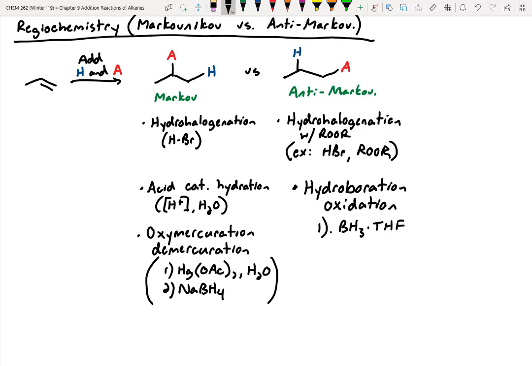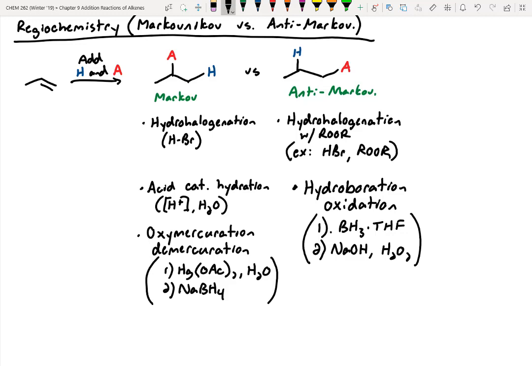You may notice sometimes on the Sapling assignments, you may see B2H6. That's just a dimer of borane. It does the exact same thing. So if you see boron, you should think of hydroboration oxidation. Second step, we use sodium hydroxide and hydrogen peroxide to do the oxidation step. That gives you anti-Markovnikov alcohols.